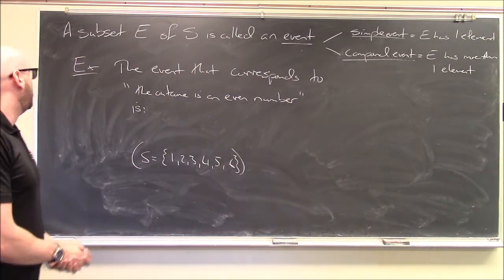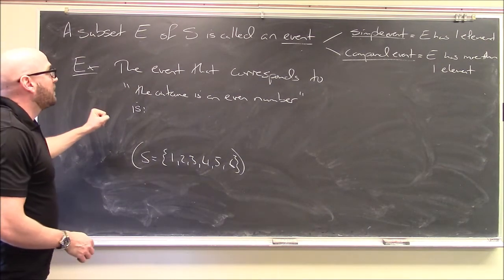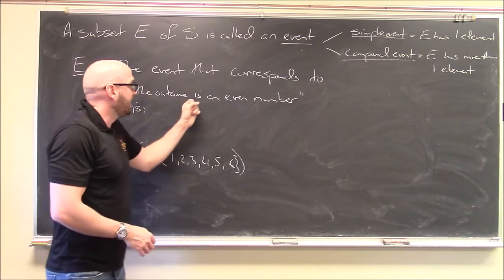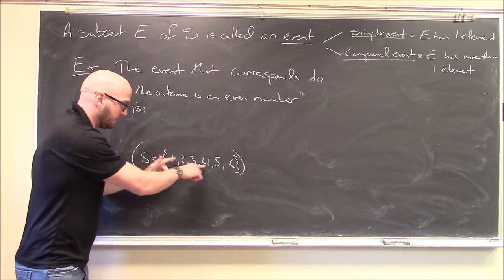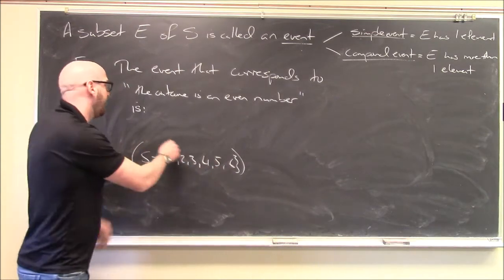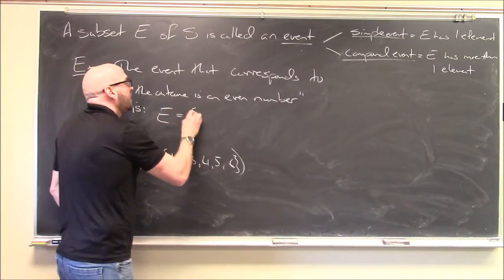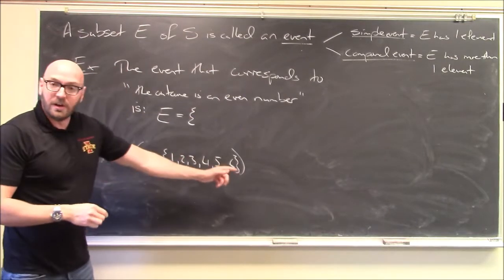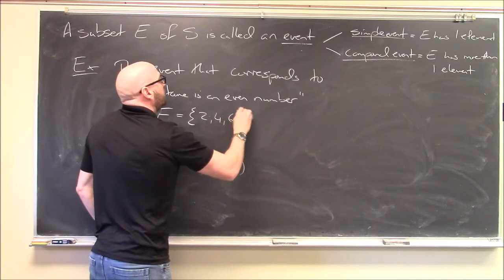So for example, coming back to rolling a 6-sided die here, the event that corresponds to the outcome being an even number would be, well, our sample space is 1, 2, 3, 4, 5, 6, right? So the event that corresponds to this would be the subset of all even numbers of S. So you either roll a 2, a 4, or a 6.